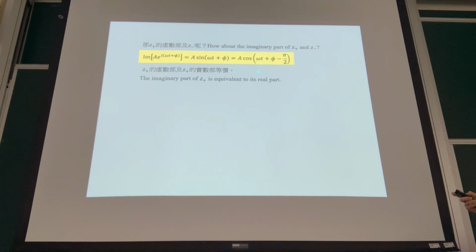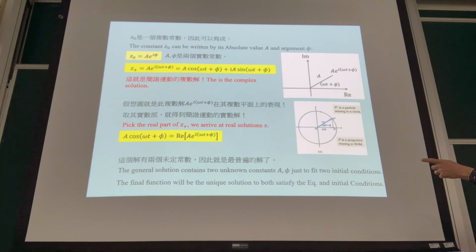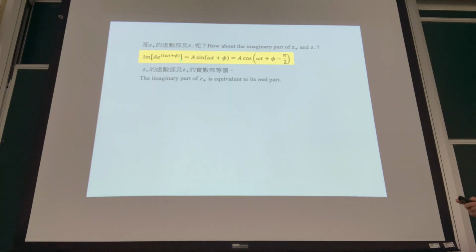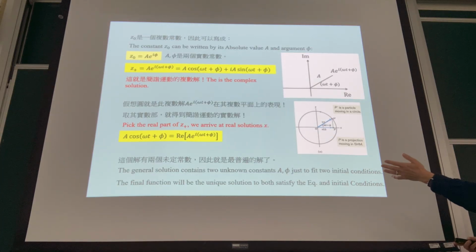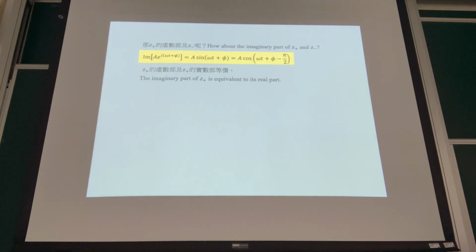So it is equivalent to what we have already got. Of course the imaginary part of Z plus could also be a solution, but we don't have anything new. It's equivalent to what we already have. The same story applies to Z minus. Sorry, the imaginary part of Z plus is equivalent to the real part of Z plus.